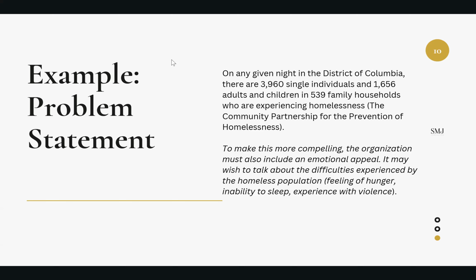So this example really focused on the type of individuals who are homeless. On any given night in the District of Columbia, there are 3,960 single individuals and 1,656 adults and children in 539 family households who are experiencing homelessness.